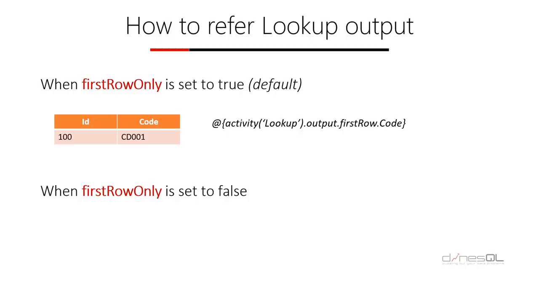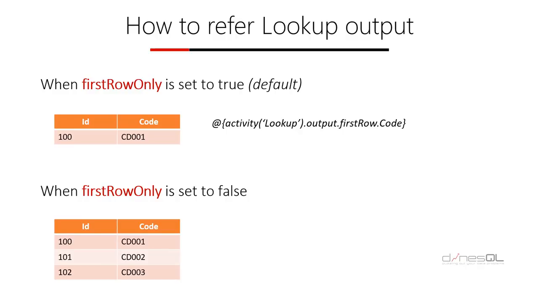If I have set this as false, which means I'm expecting multiple records, for example, I'm getting 3 records from my data set now. In that case, if I want to refer to the items or the entire set, I can write the expression like activity name of the lookup output dot value. This represents the entire data set, not just one column, not just one record, the entire record set.